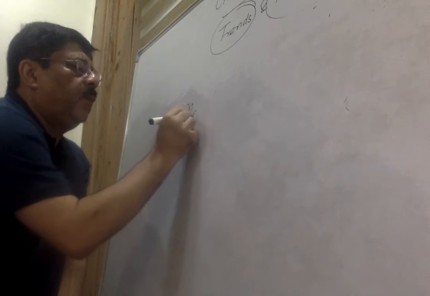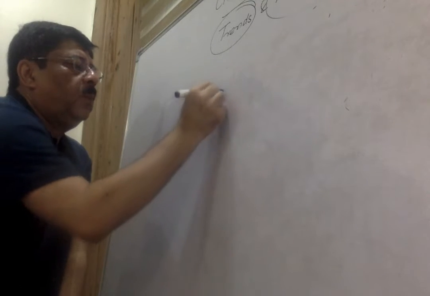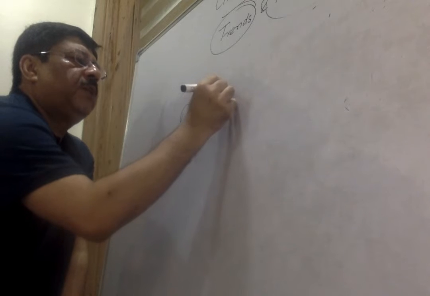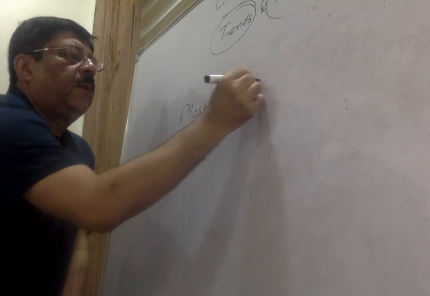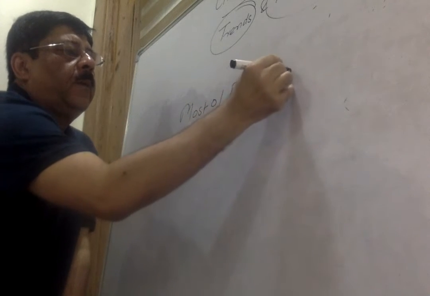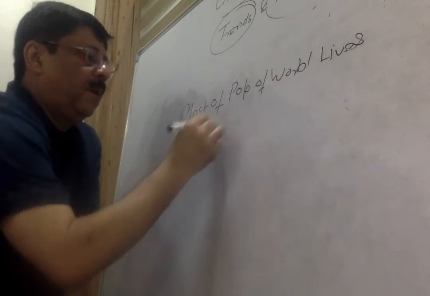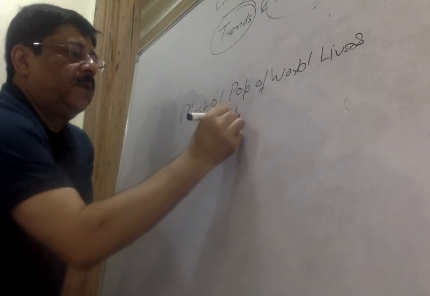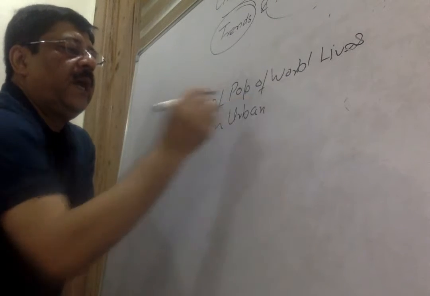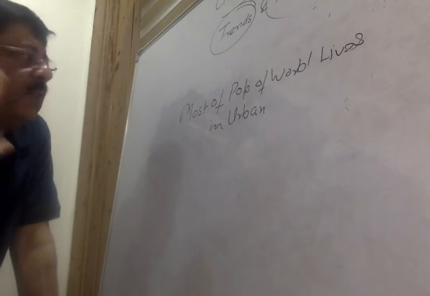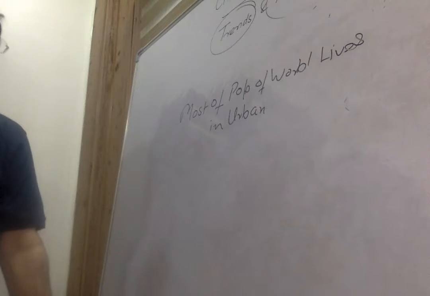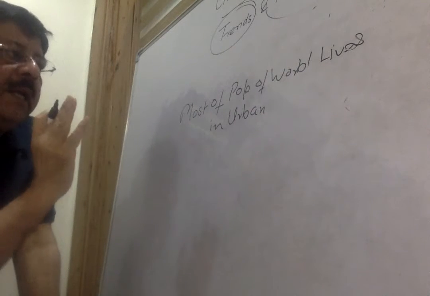Most of the world population lives in urban areas, urban systems, and it is increasing. So what is the pattern? Most of the population of the world lives in urban areas.